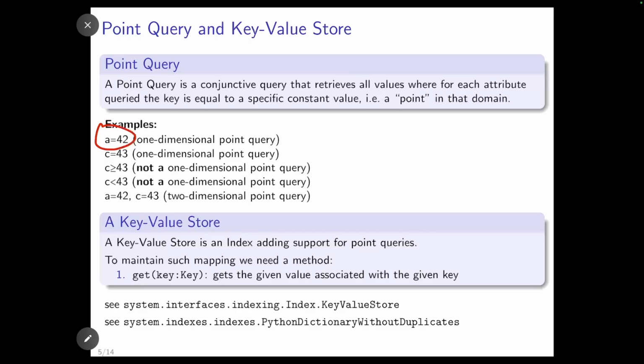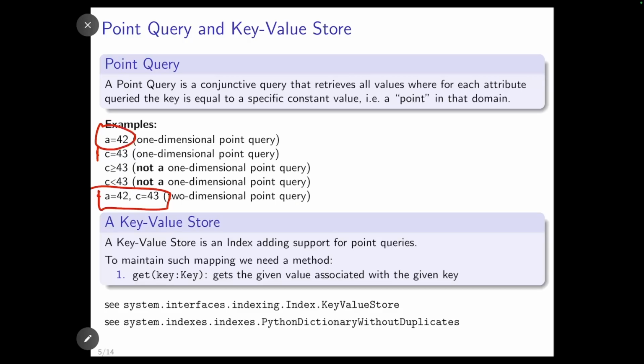Point 42, one element from that domain I'm interested in. That's why it's called a point query. And you can do that per dimension. You can also say c equals 43. That's another point query. You can say a equals 43 and c equals 43. That's a two-dimensional point query. Whenever there's equals in all conditions, that's a point query.